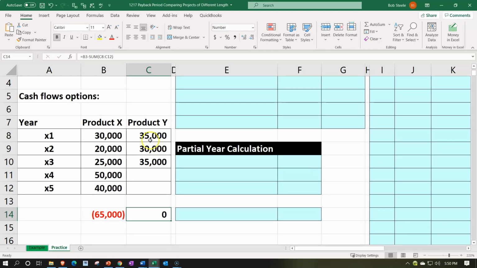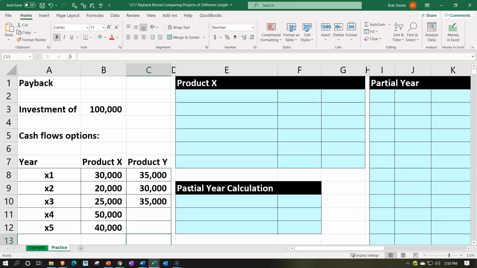This actually adds up to 100,000. We'd actually break even. So just on the face of it, you're thinking, well, project Y doesn't look good really, because we're basically breaking even there. And this is kind of to highlight that if you just looked at the payback period, then you could end up with a result that doesn't make sense if you don't take into consideration other factors.